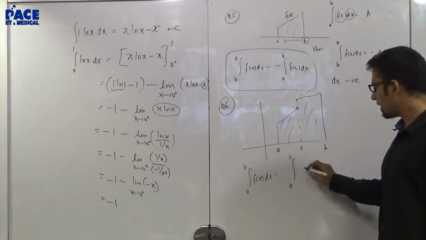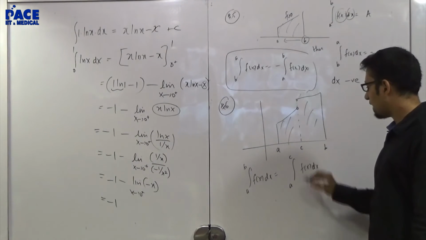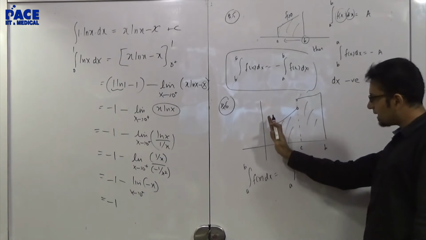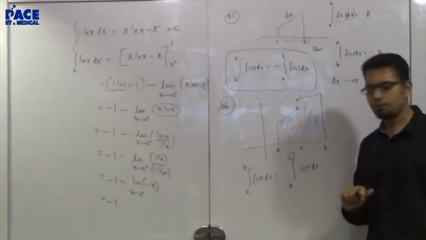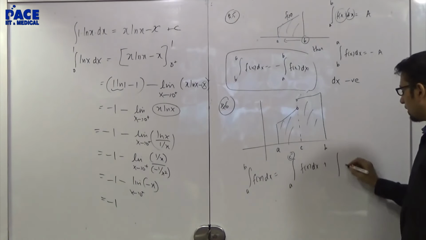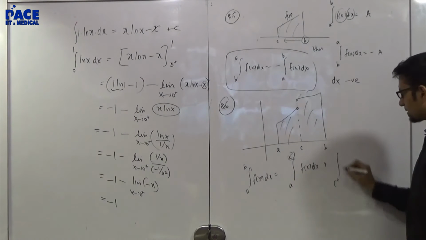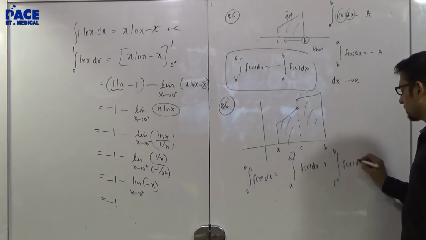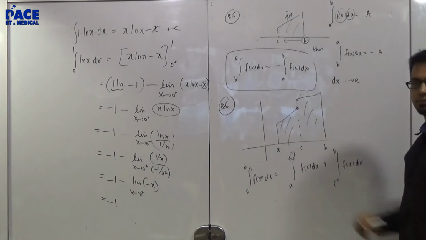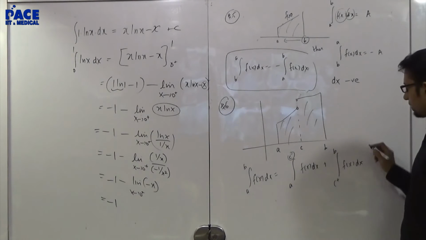So instead of writing a to c, I will write it a to c minus. मतलब a से लेके c के just पहले वो वाला area, and then the second area c plus से लेके. Okay, that's the second part. That's how we split the integral into two parts.